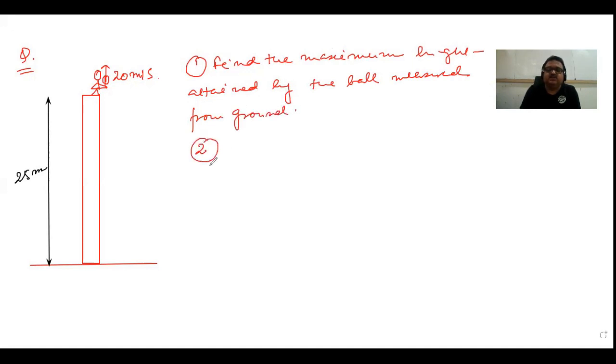Number 2, the time taken by the ball to reach the ground.